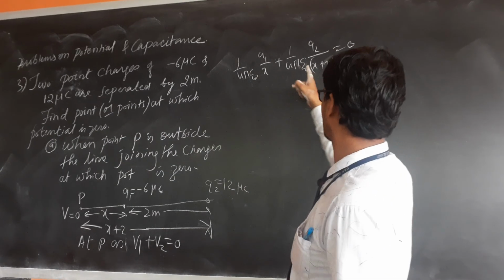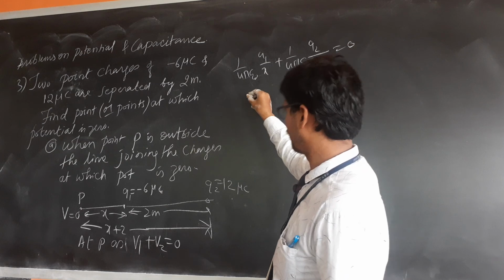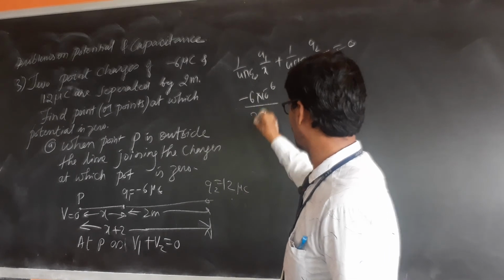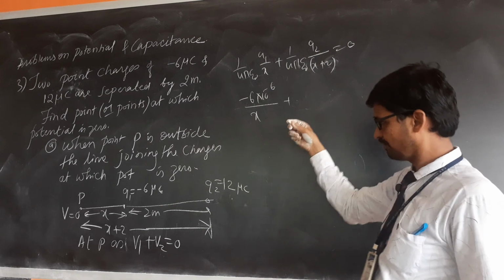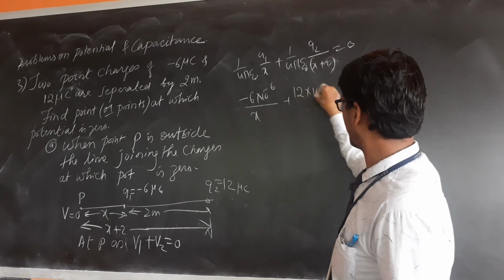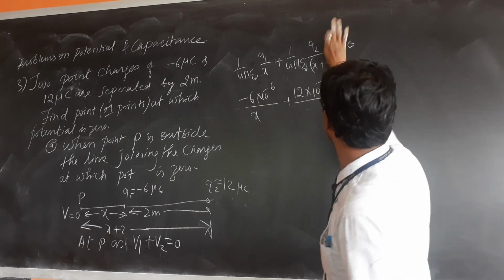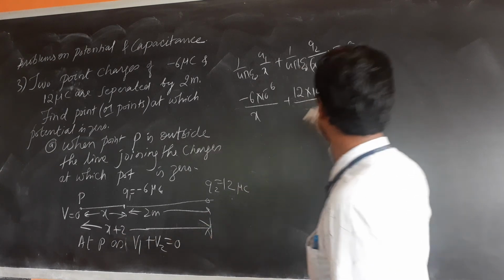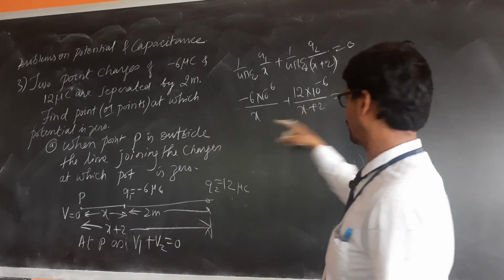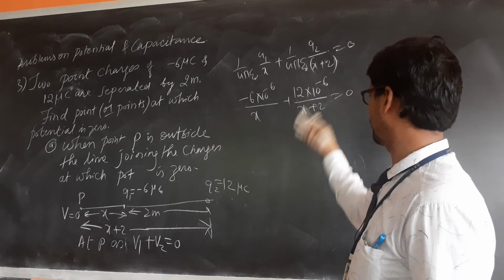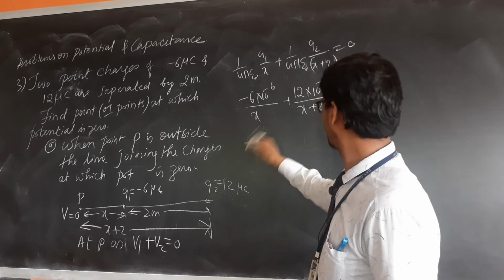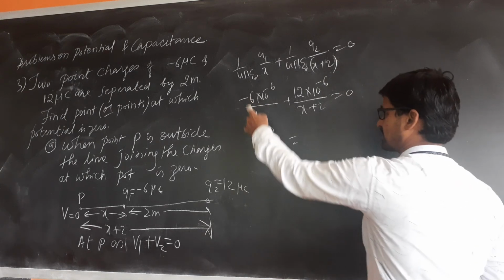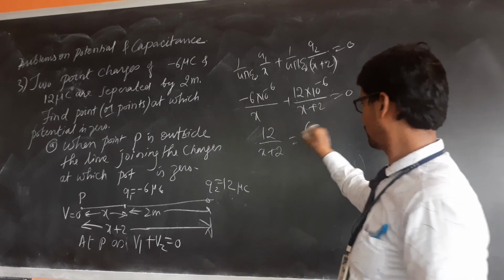Now 1 by 4 pi epsilon naught is common and will cancel. Q1 is minus 6 into 10 raised to minus 6 upon x, plus the value of Q2, 12 into 10 raised to minus 6, upon x plus 2, is equal to 0. 10 raised to minus 6 is common and will also cancel. We write 12 upon x plus 2 must be equal to minus 6 upon x, which becomes plus 6 upon x.